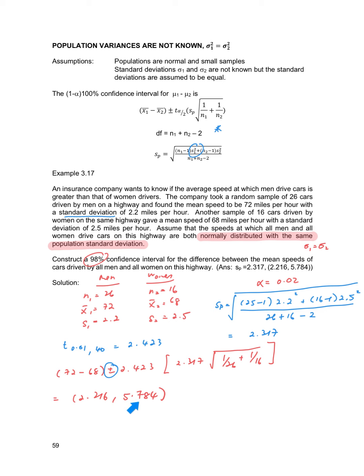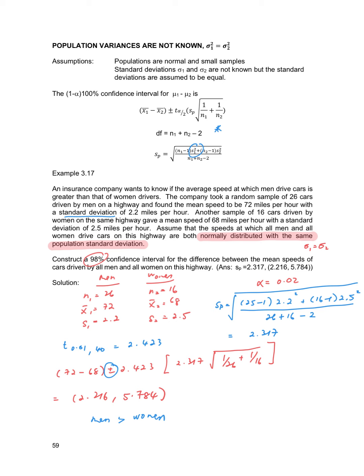Okay, if you are asked to interpret this interval, what can you say? So we can say that since the interval is positive, the speed of man driver is greater than the speed of woman driver. Meaning the average speed by man driver is greater than woman.